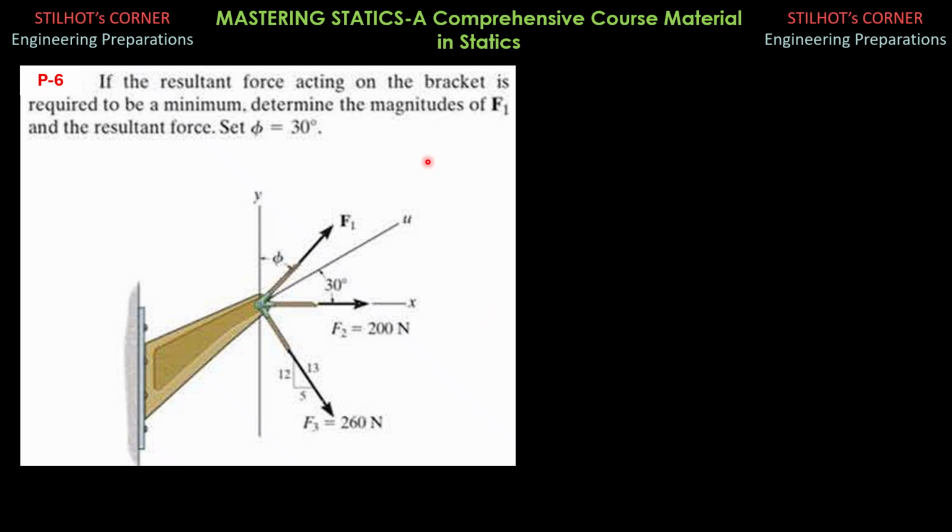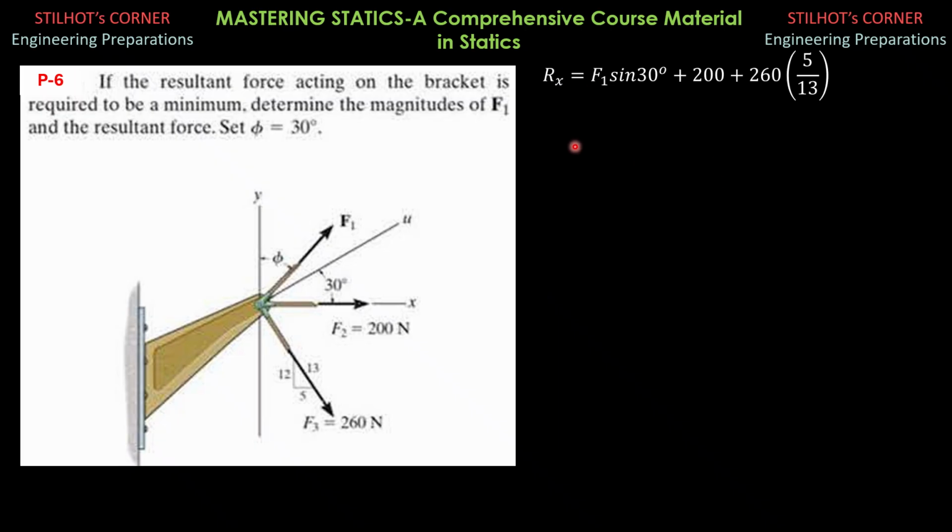So Rx is equal to F1 sine of 30 degrees, then plus 200, then plus 260 times 5 over 13. X components are positive.